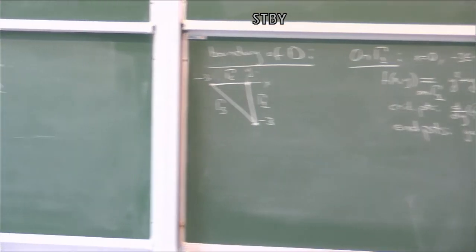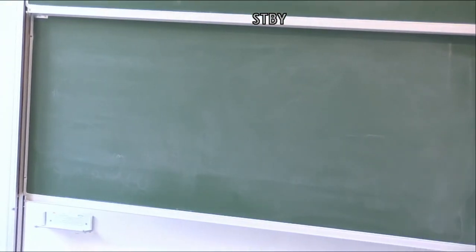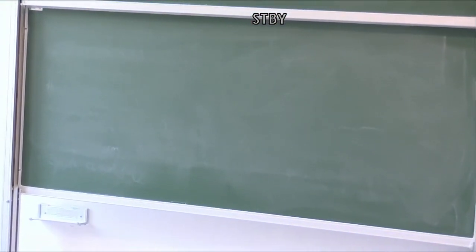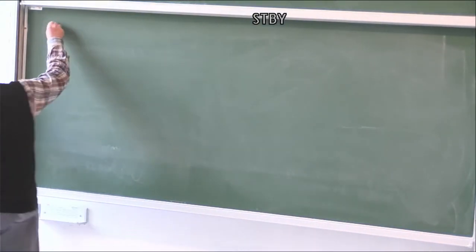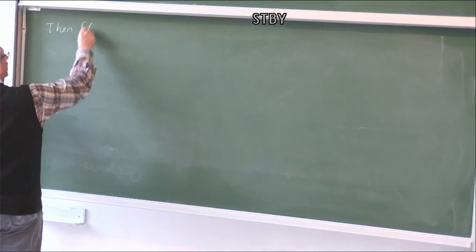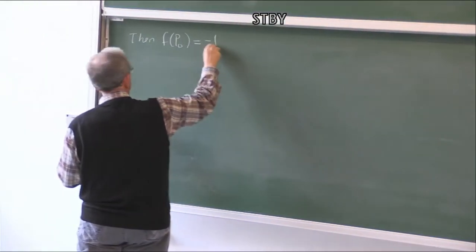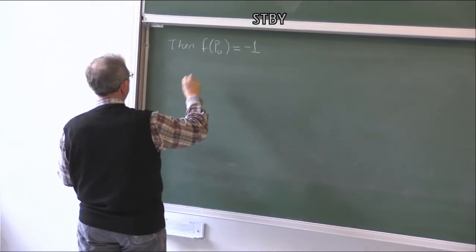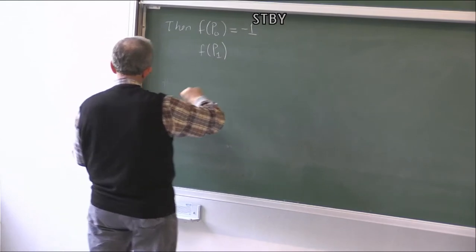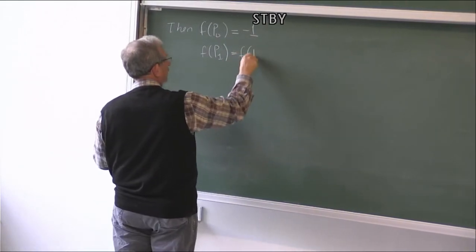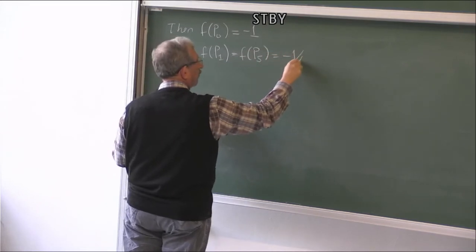Well, a tedious calculation says the following. We calculate f of P0. It happens to be minus 1. And then we have f of P1, which is the same as f of P5, and that is minus 1 over 4.